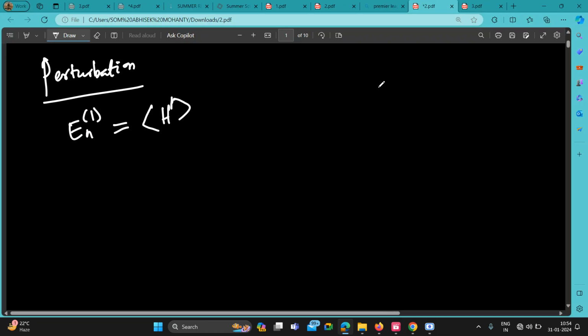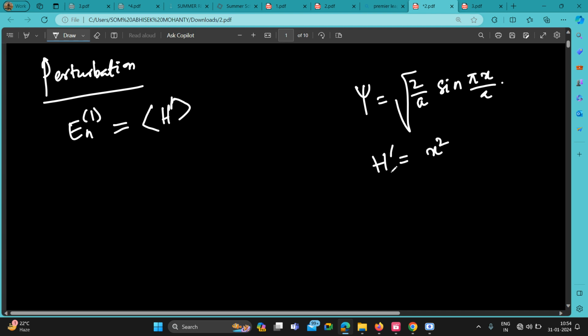For example, a 1D box will be given. Psi will be given as root over 2 by a sine pi x by a. Then your perturbation will be something like x square. Suppose, for example, how will you calculate it?